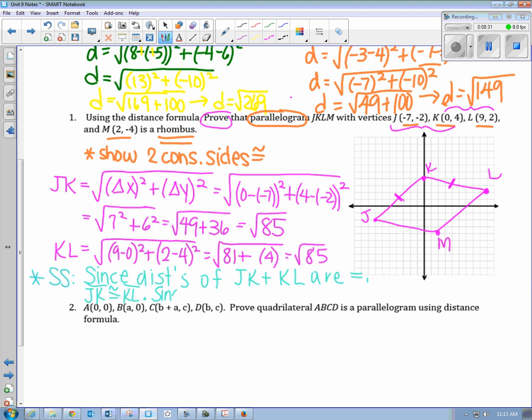And then since I have these 2 consecutive sides that are congruent, I know that parallelogram JKLM is a rhombus.